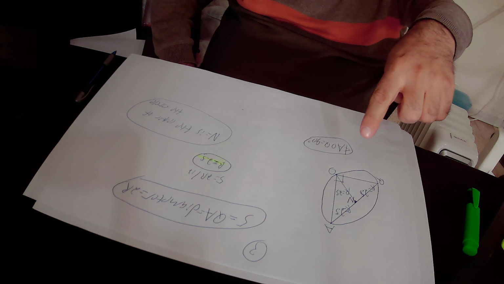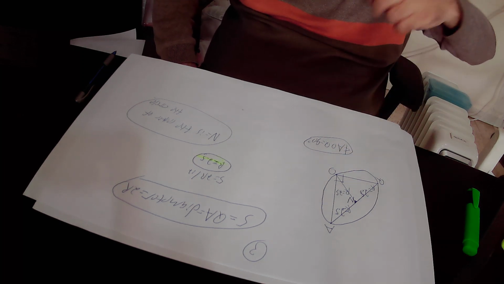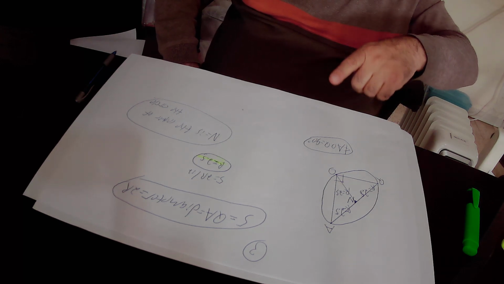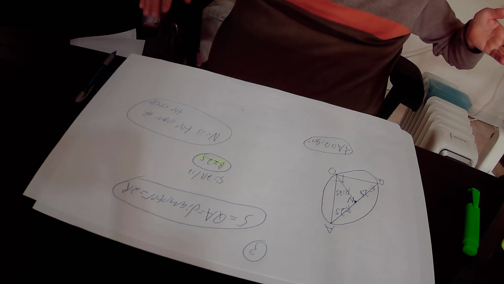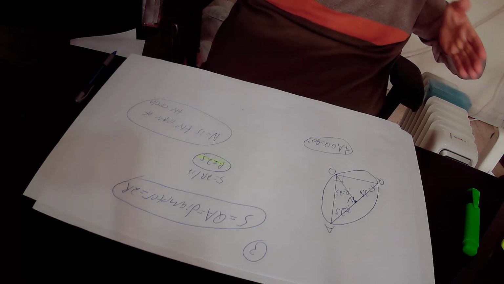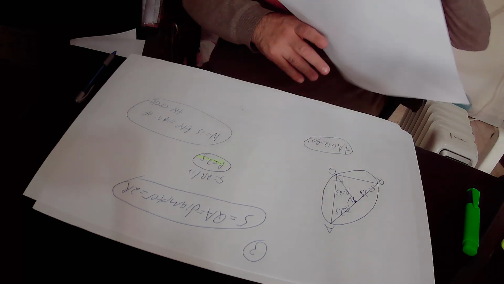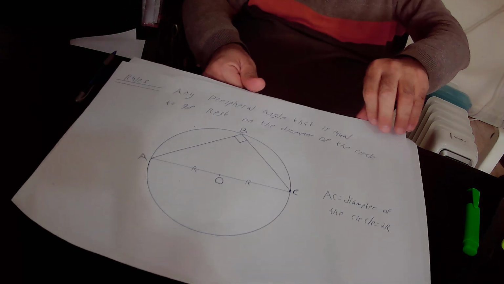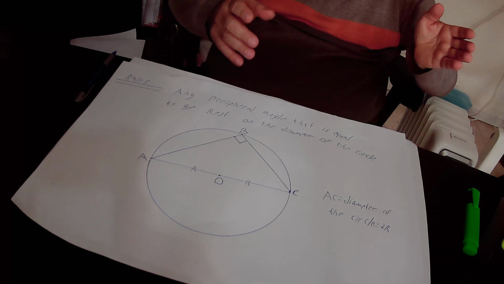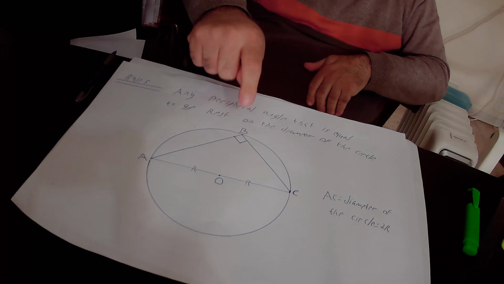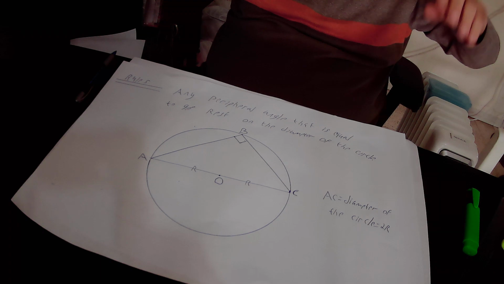Inside this circle we have the peripheral angle AOQ that is equal to 90 degrees. And we have rule number 5: any peripheral angle equal to 90 degrees must rest on the diameter of the circle. For example, peripheral angle ABC equal to 90 degrees rests on AC, the diameter of the circle.